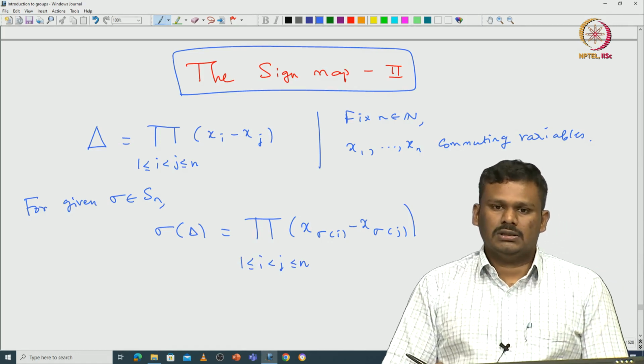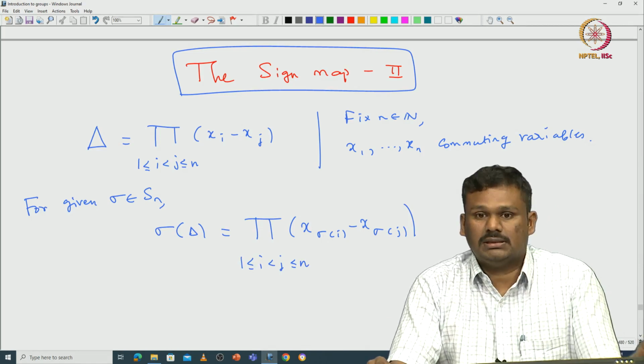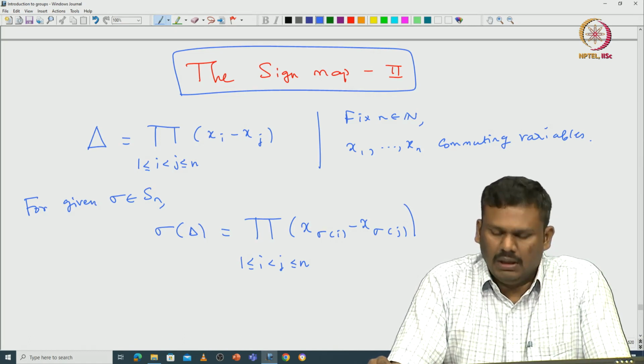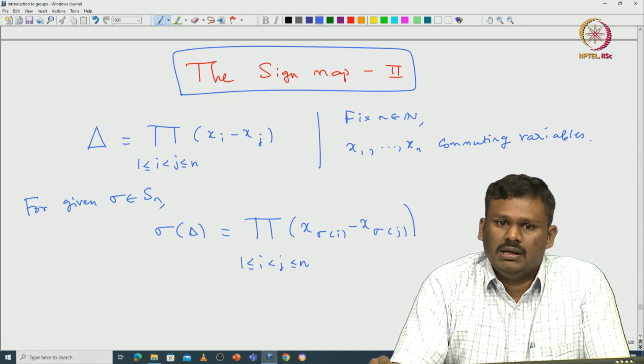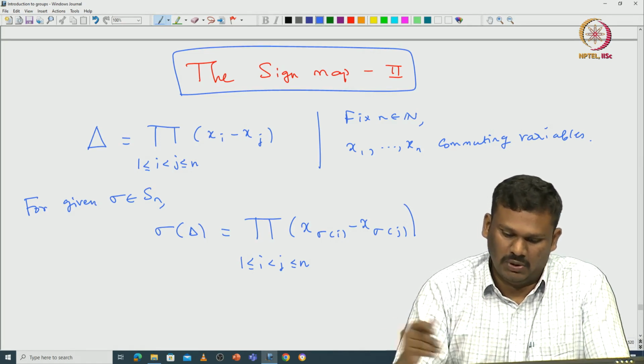If you think about it, if you work with the Vandermonde matrix, all you do is permute the columns of the Vandermonde matrix with respect to the given sigma. Then if you take the determinant of that, you get exactly this polynomial.